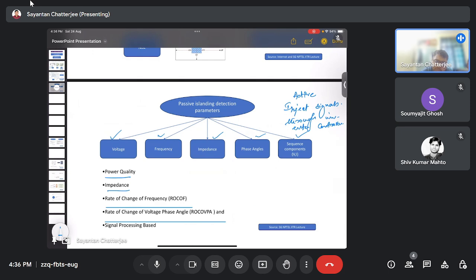In case we have positive feedback, here we can also use the positive feedback to find out. So some active part, and hybrid is a combination of both active and passive.